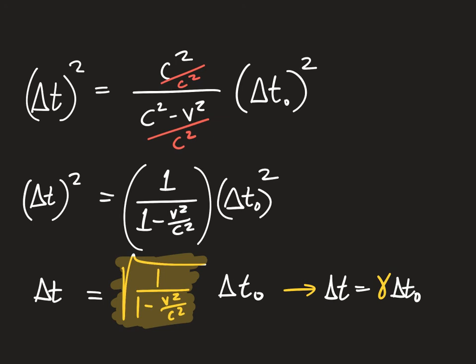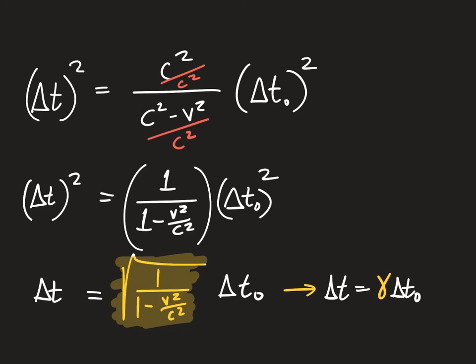So these relativistic things apply to everything: momentum, energy, time, distance, which makes sense. If this applies to time, then it's going to apply to distance. And guess what we built momentum and energy from? The first and second laws when we think of inertia. So this applies to energy, et cetera, et cetera.